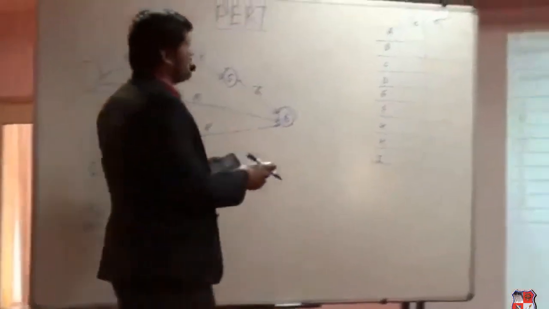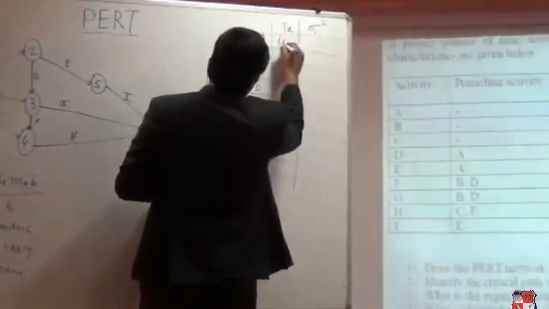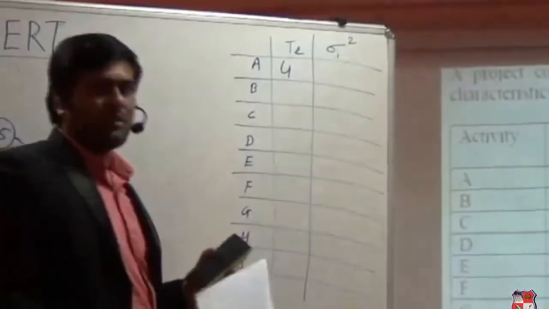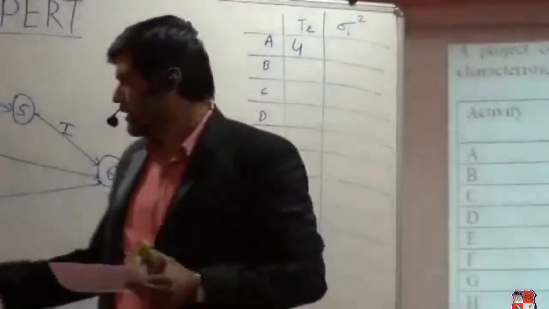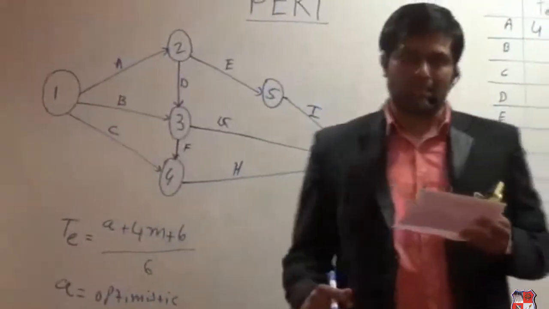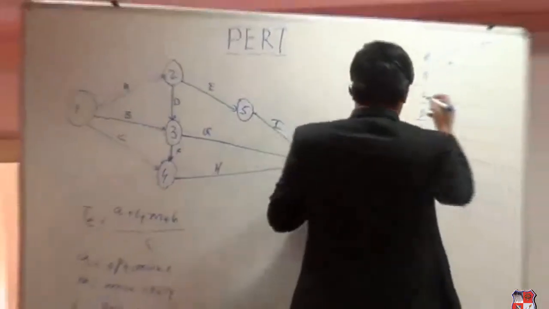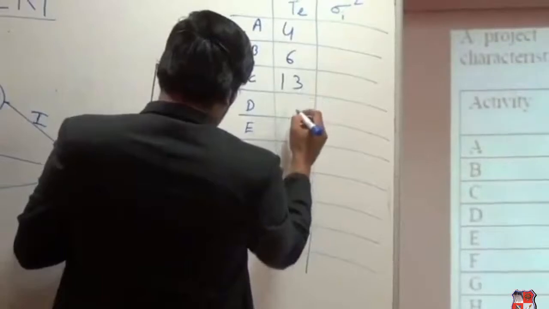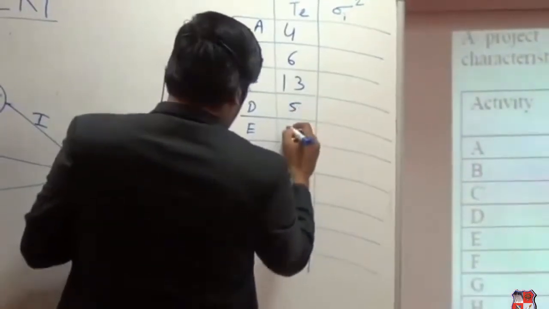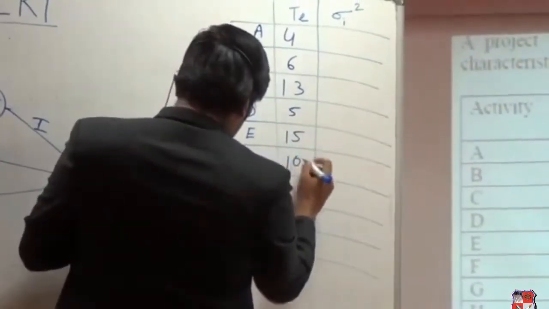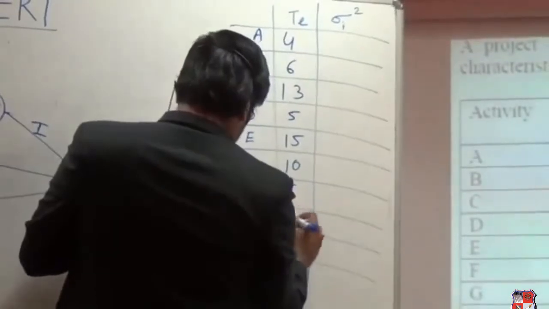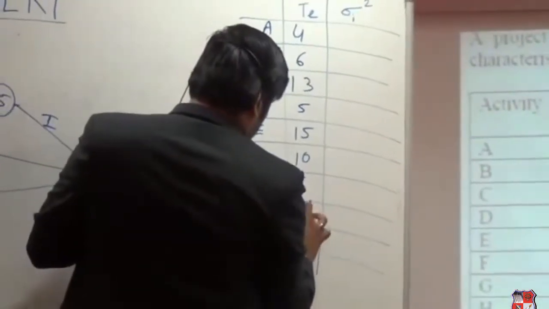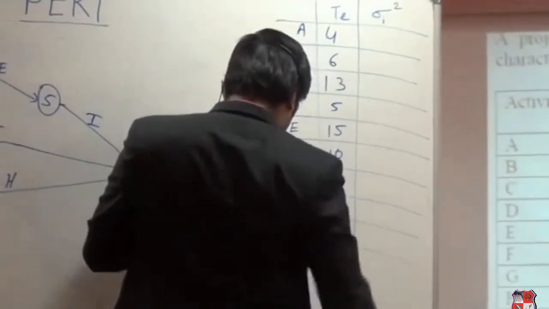So the estimated time for activity A will be 4. Similarly, you need to find out the estimated time based on this equation for each activity. I'll write it down on the board. So the estimated times over here are 4, 6, 13, 5, 15, 10, 6, 16, and lastly 10.